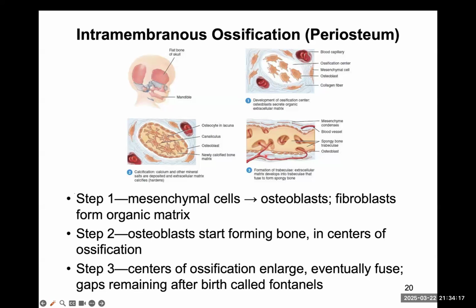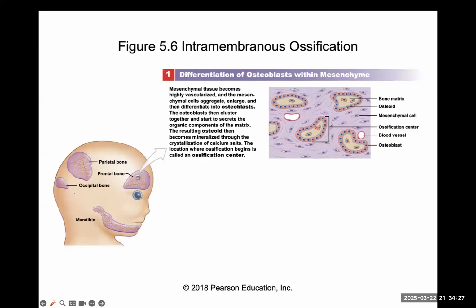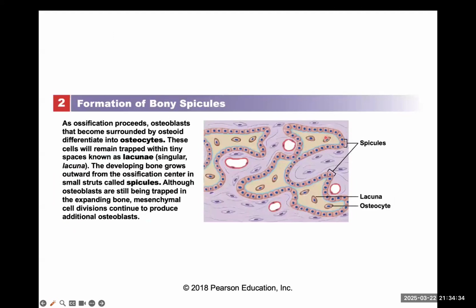So it enters the center of ossification, starts to fill in, starts to go towards both ends, and these are the osteocytes inside the lacunae, and they're forming bone.